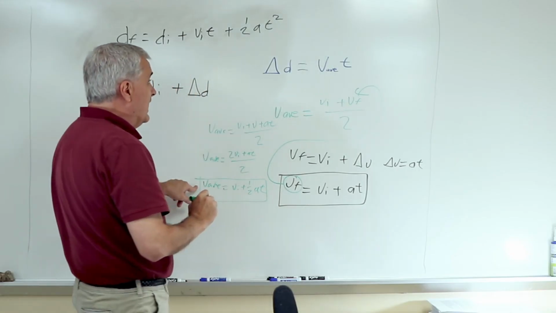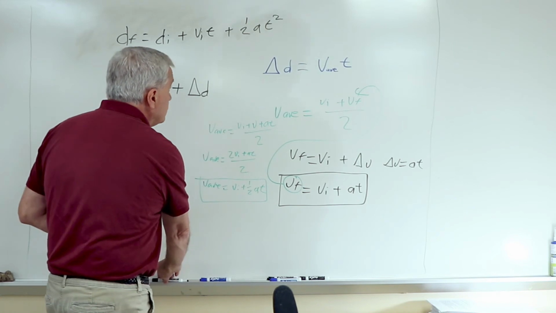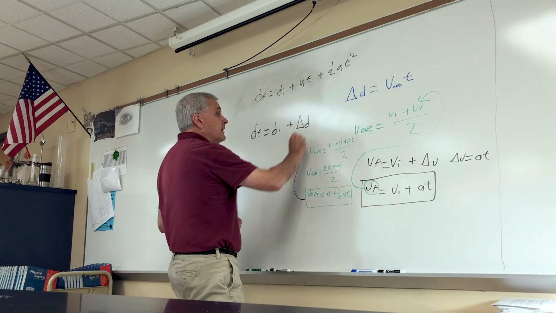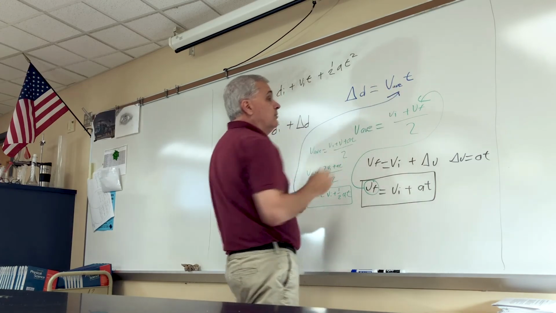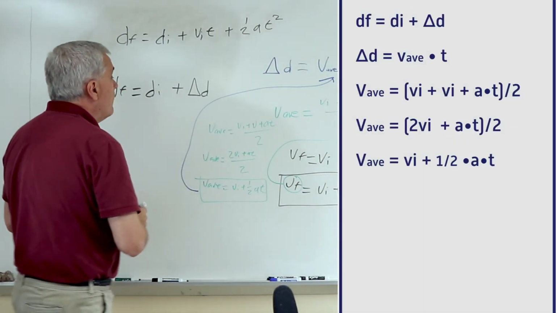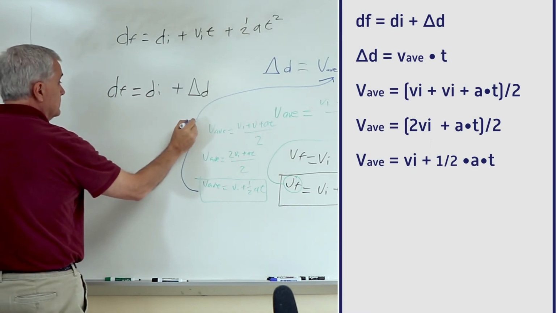So now I have the average velocity. I'm going to take the average velocity that I just calculated, and I'm going to use it in this equation. We're going to do that over here.